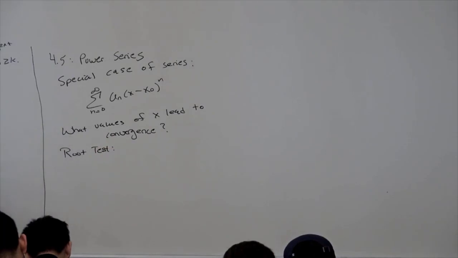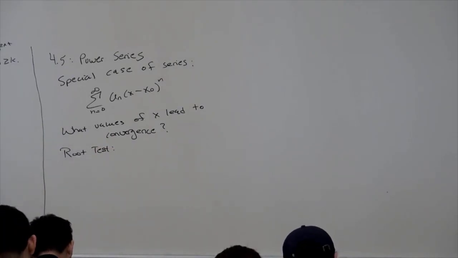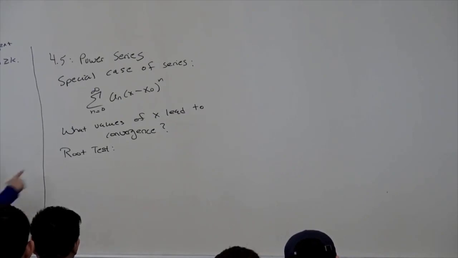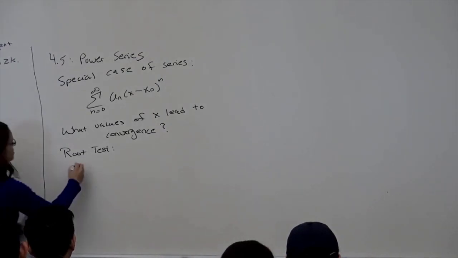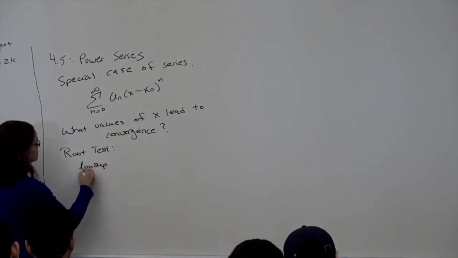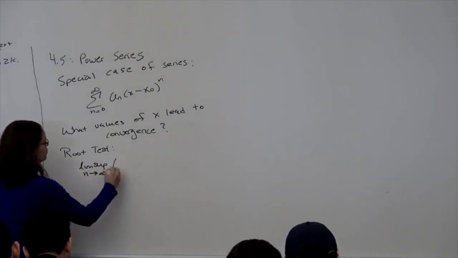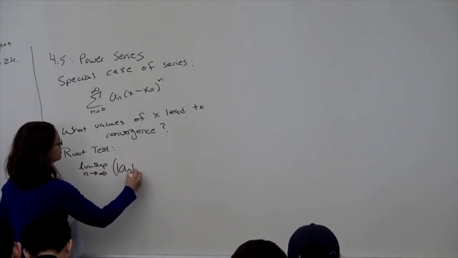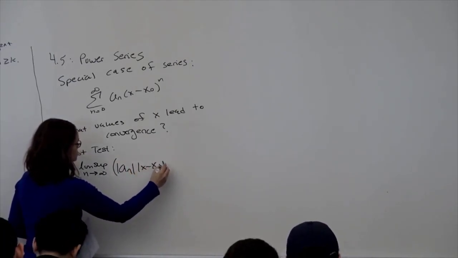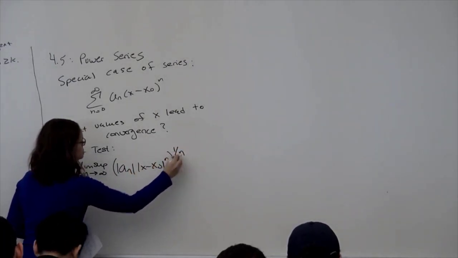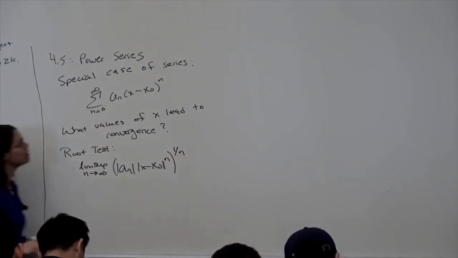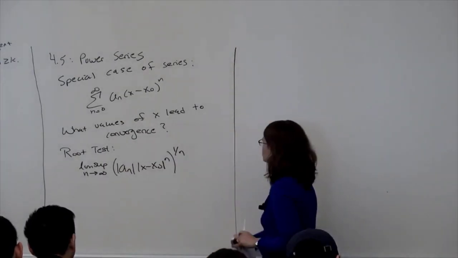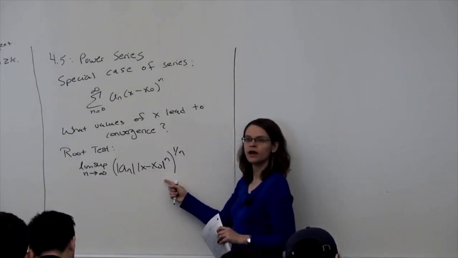So let's just see what the root test tells us. The root test tells us that we need to look at the nth root of the objects that show up here, take the limit superior of that, and have that be less than 1. Okay, when we take the nth root of this, there are two terms here.